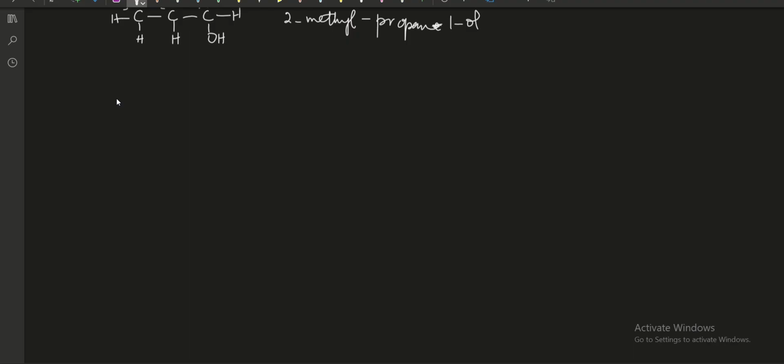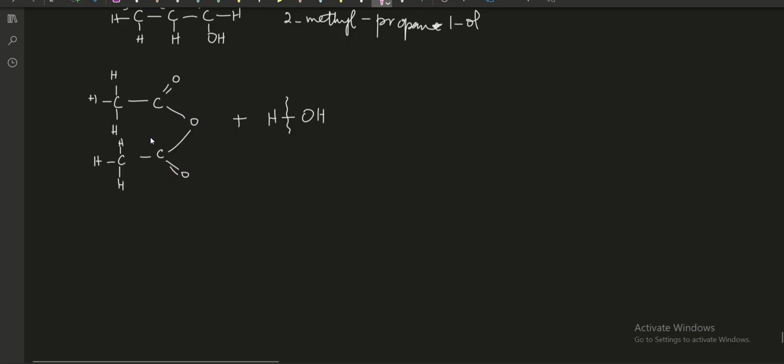I am going to make the structure of ethanoic anhydride. So when you add water into it, water also splits up, and over here the bond breaks.